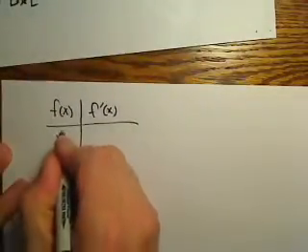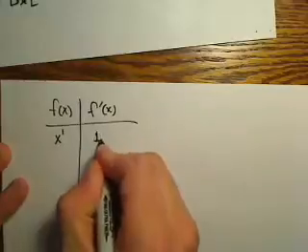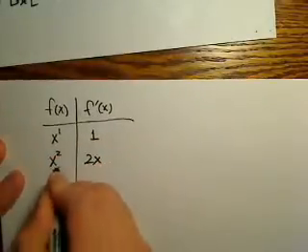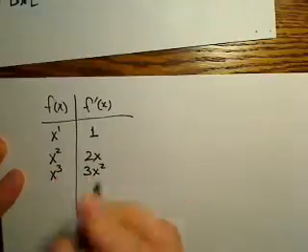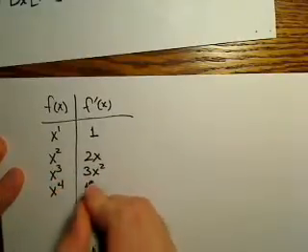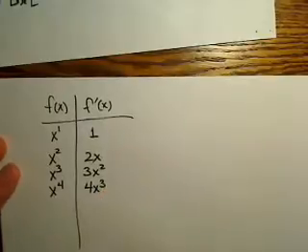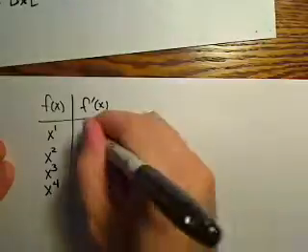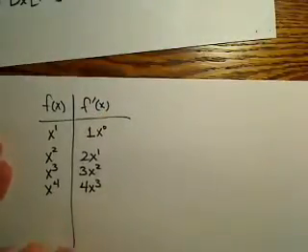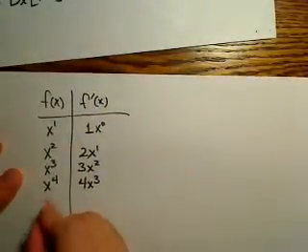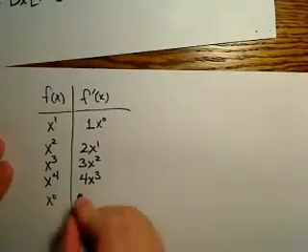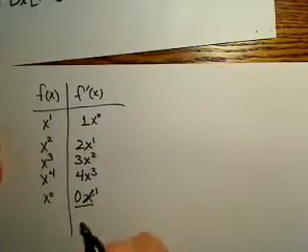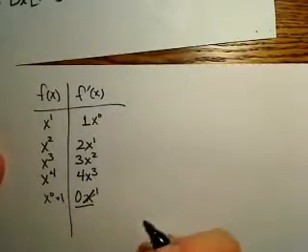And so x to the first ended up being 1. X squared, the derivative ended up being 2x. X cubed, you end up getting 3x squared. X to the fourth will end up being 4x cubed. And you might say, well, that doesn't look like what we talked about, but that's 2x to the first. That's 1 times x to the 0. It really does fit that pattern. Even x to the 0, which is 1, a constant, is 0 times x to the negative 1.